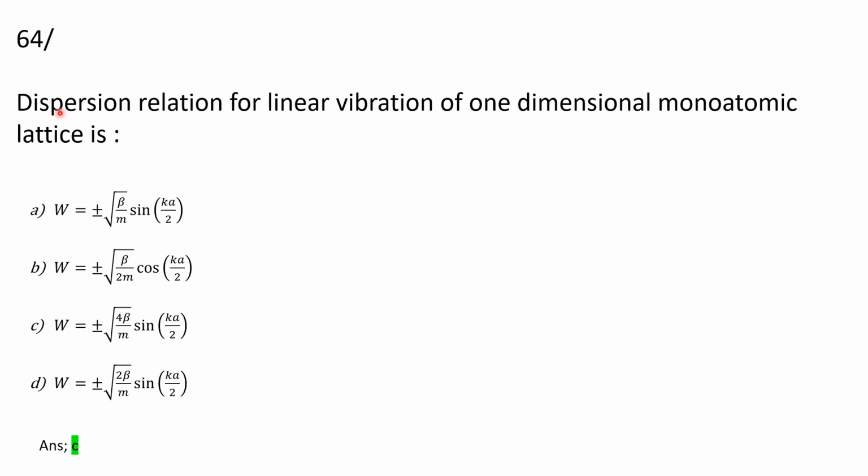Then, the dispersion relation for linear vibration of a one-dimensional monoatomic lattice is? We all know that for a monoatomic lattice the dispersion relation for linear vibration is omega equals plus or minus the square root of 4 beta by m, times sine of Ka by 2. So option C is the correct answer.